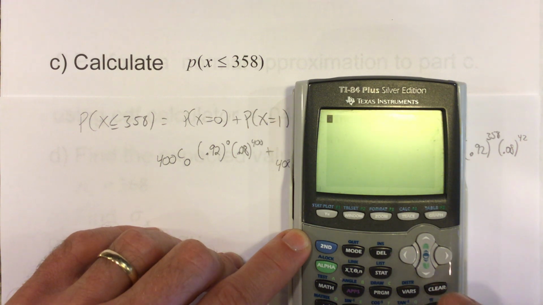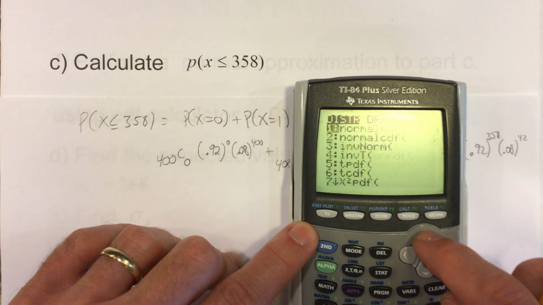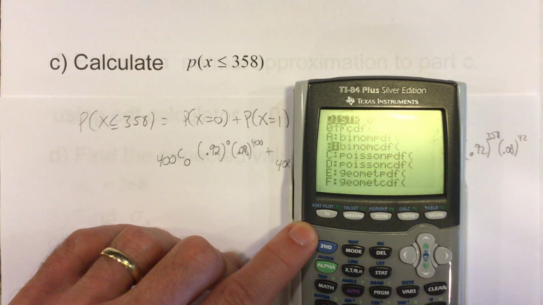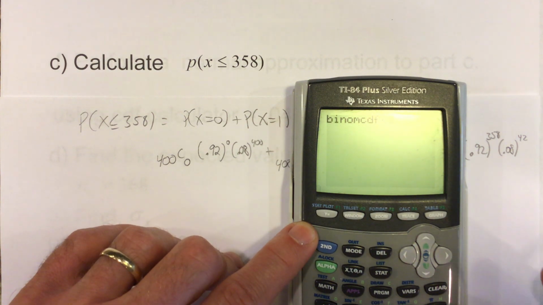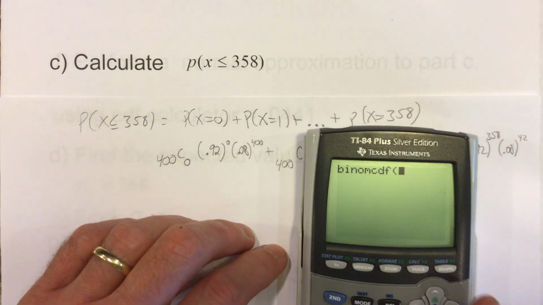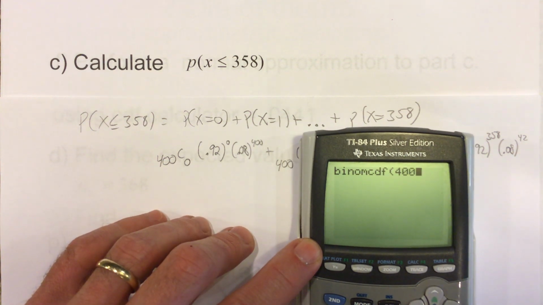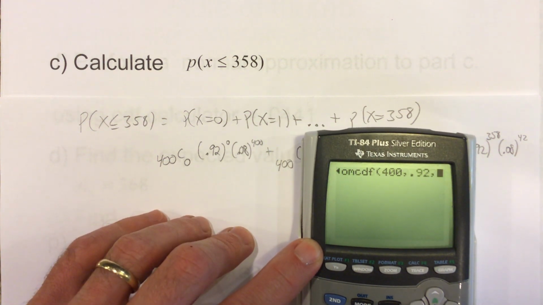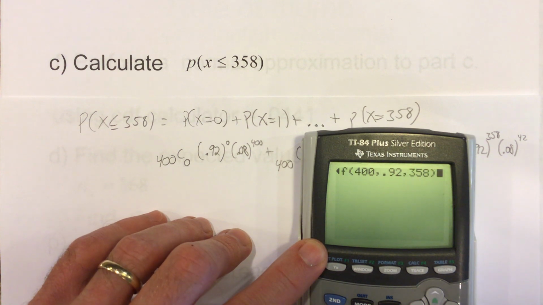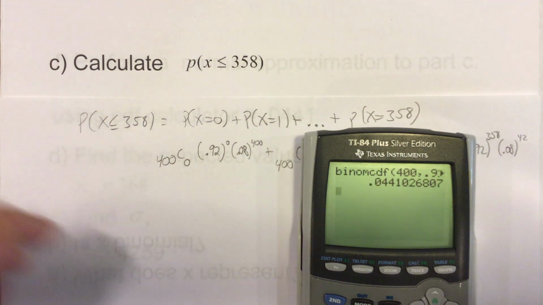Oh, whoops, I put them in the wrong order. That's one of the nice things about your calculator. If you enter things in the wrong order, it's usually going to give you an error message. All right, so n is 400, chance of success is 0.92, and x is 358. That's better. And then we get a little over 4% chance.